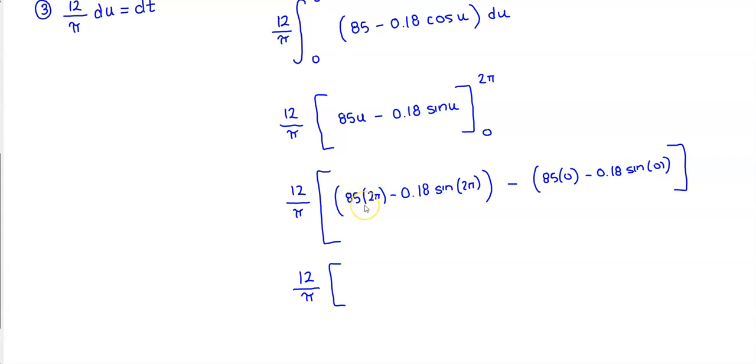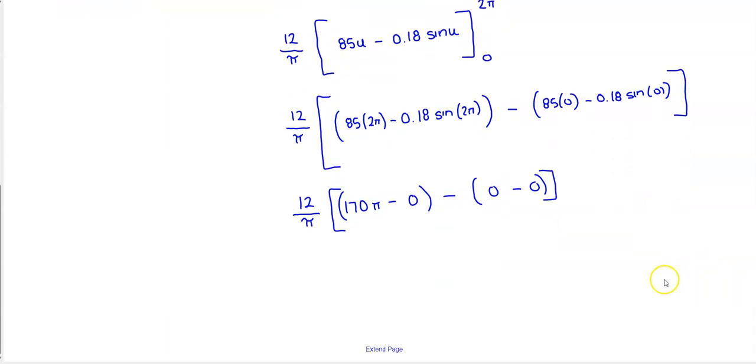So 85 times 2 is 170, so we have 170 pi minus, well, the sine of 2 pi is 0, so that's going to be 0 times minus 0.18, so that's going to be 0, minus 85 times 0 is 0, and the sine of 0 is 0 times 0.18, so therefore that is 0.